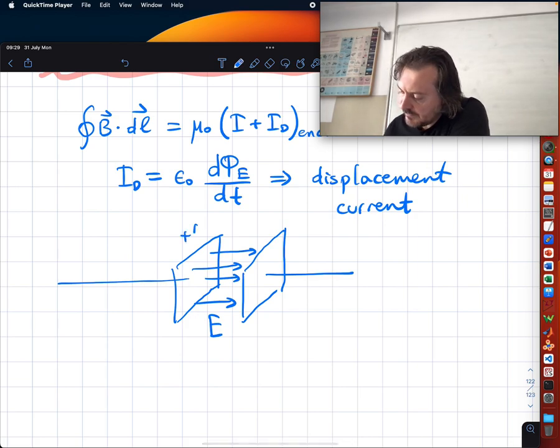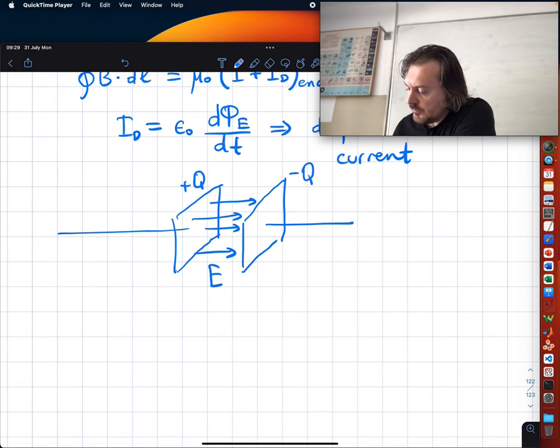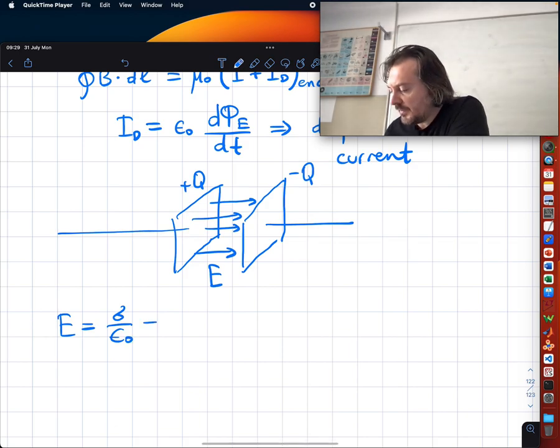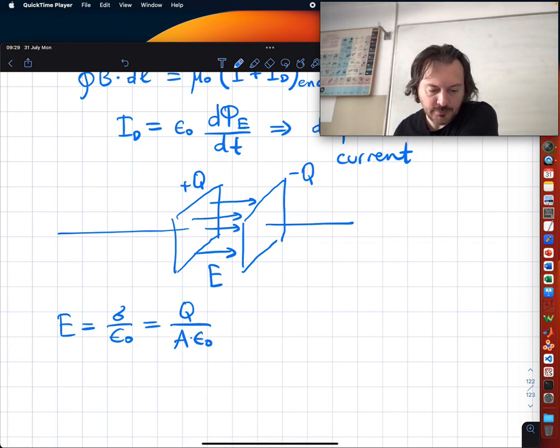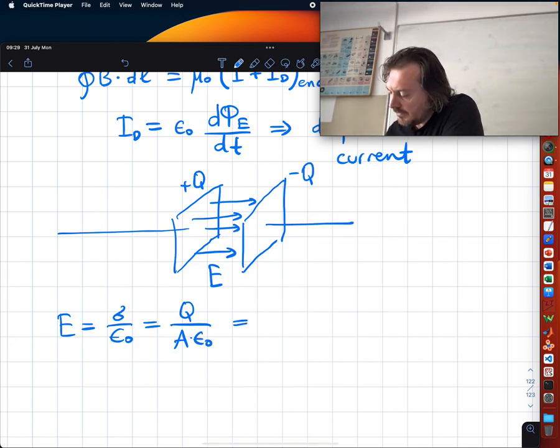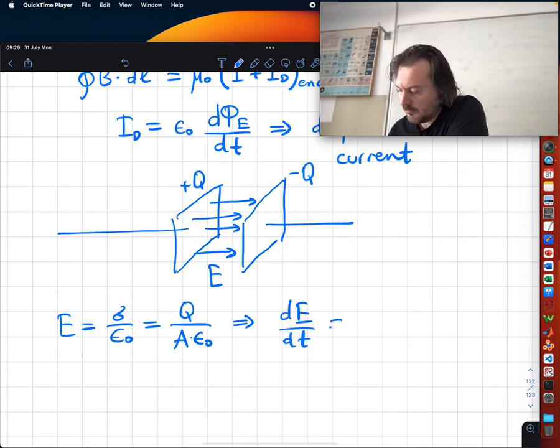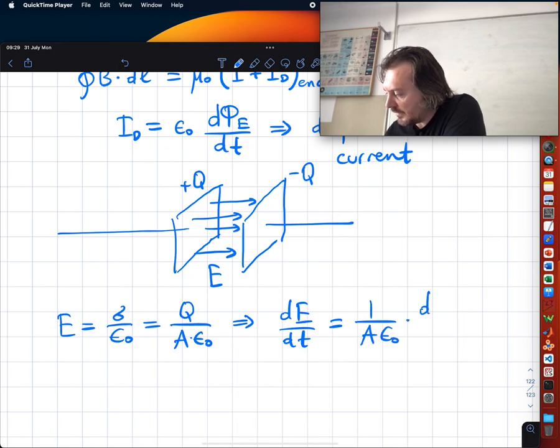This is plus Q, this is minus Q. What do we know? We know that the electric field is sigma over epsilon 0, which is Q over A times epsilon 0. Then dE over dt is 1 over A epsilon 0 times dQ over dt.